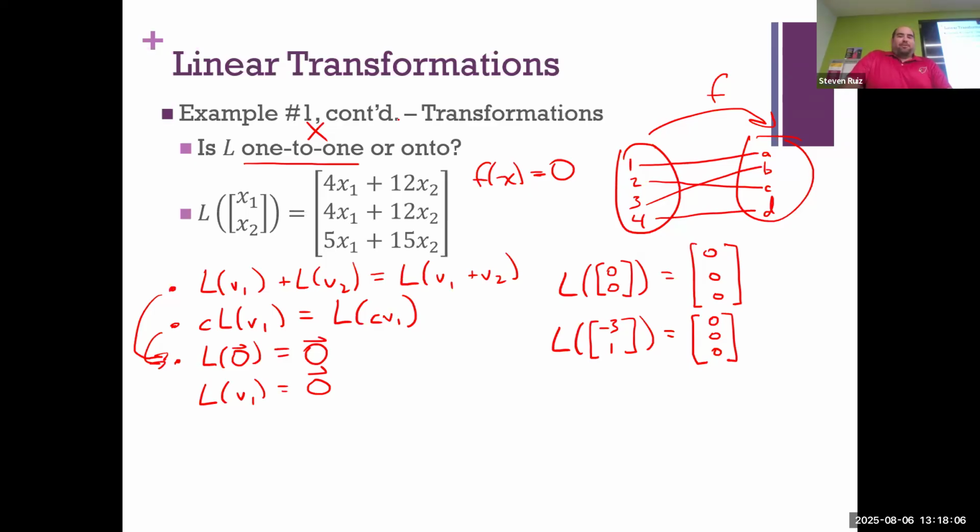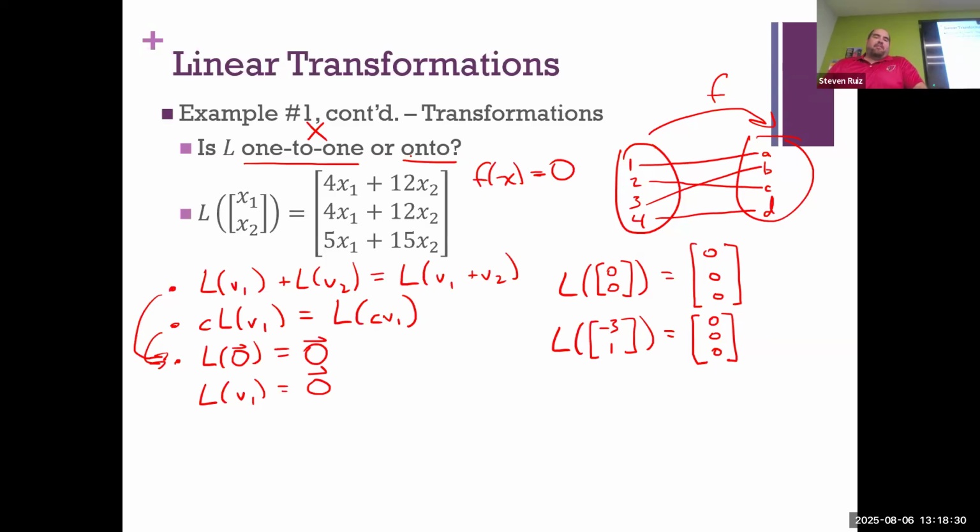All right, so what does onto mean? In the general sense, a function that's onto reaches everything in the range. So that's generally true, but we're going to be very specific when we say onto.